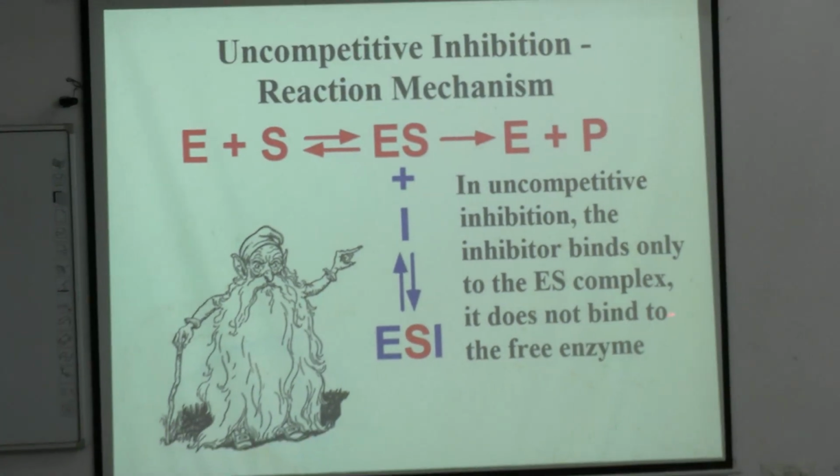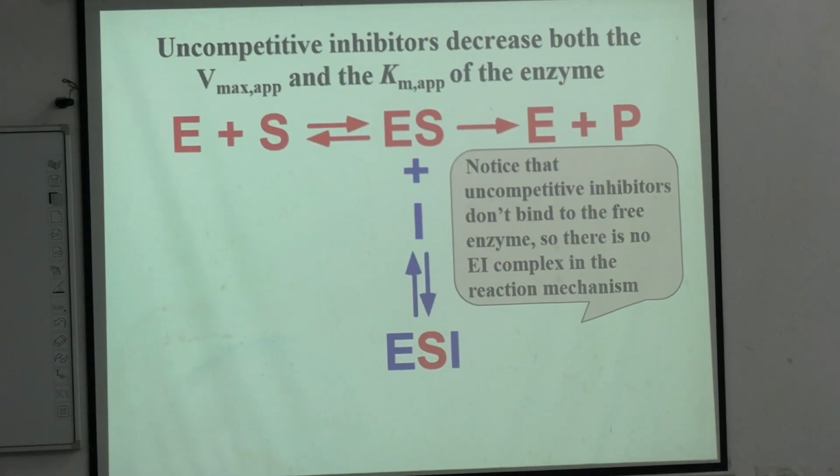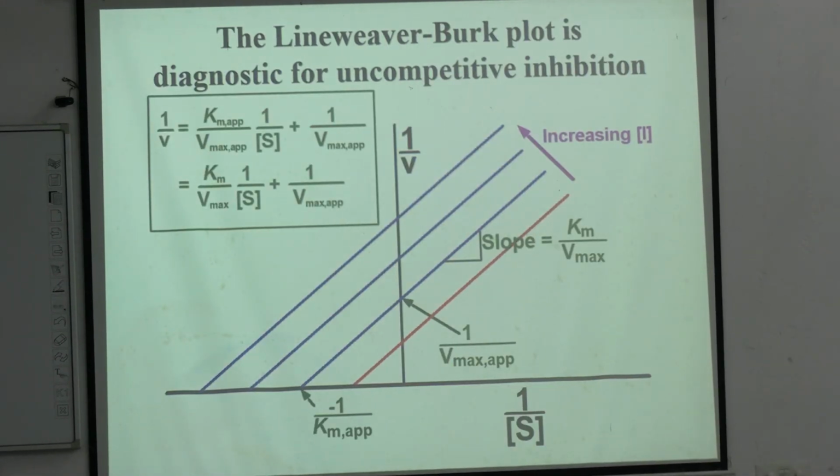See, parallel. The lines are parallel. As you increase the concentration of inhibitor, lines become parallel to that of the graph without inhibitor.